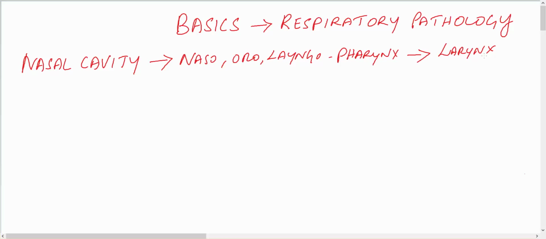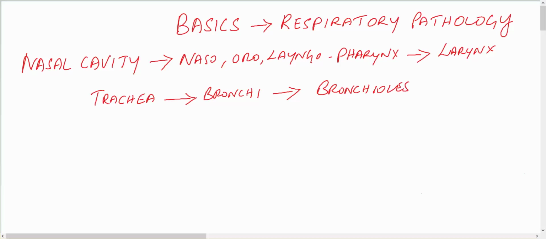Then they enter the trachea, then the trachea gives main branches of bronchi, then the bronchi lead to bronchioles, and they end in the alveoli. So this is the respiratory tract.